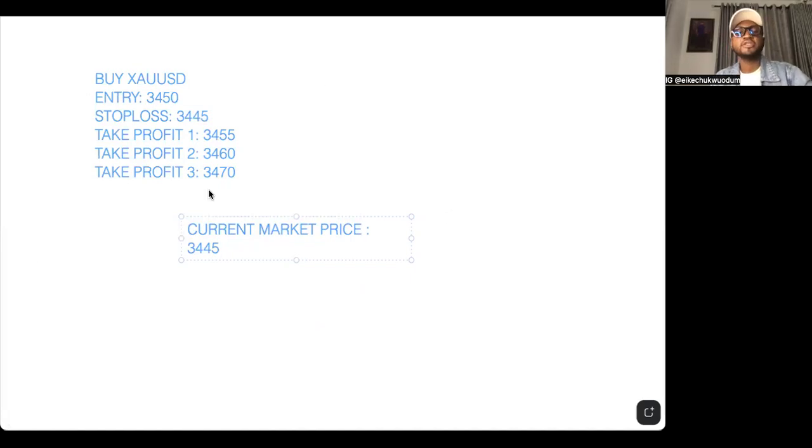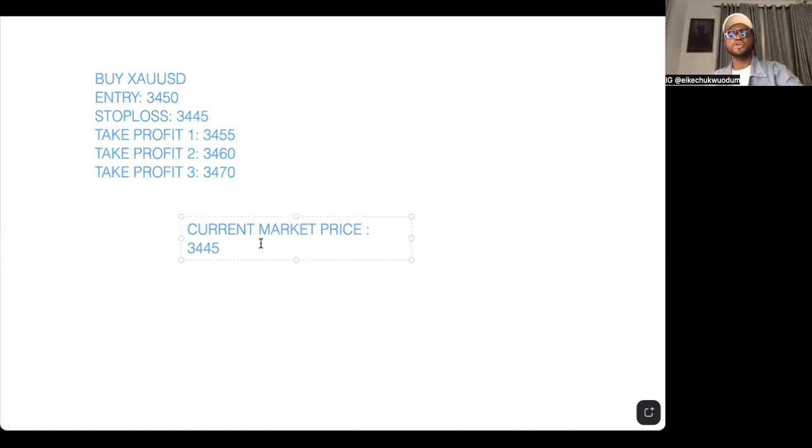So that means for this trade, the stop loss is 50 pips, and TP1 is also 50 pips. TP2 is 100. TP3 is 200.